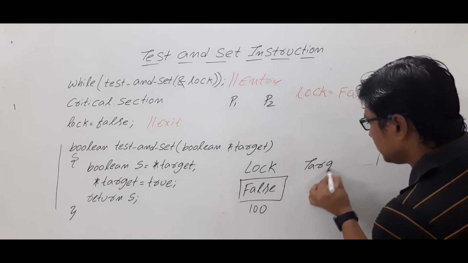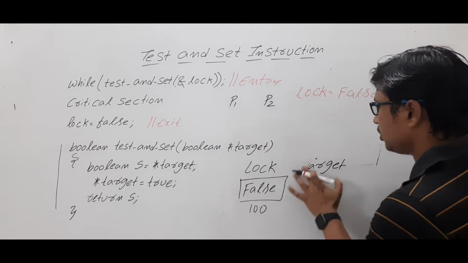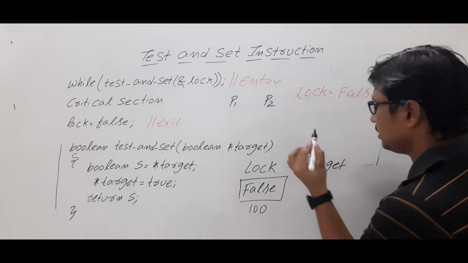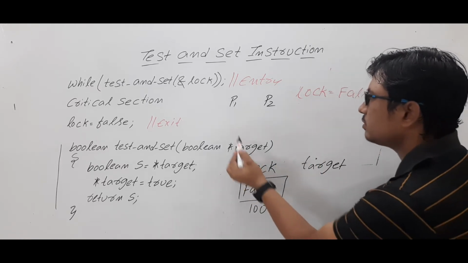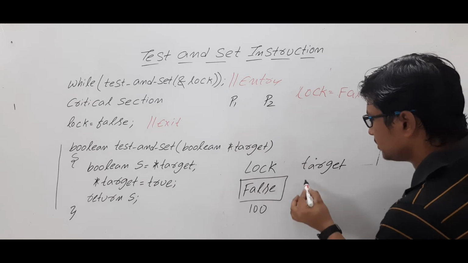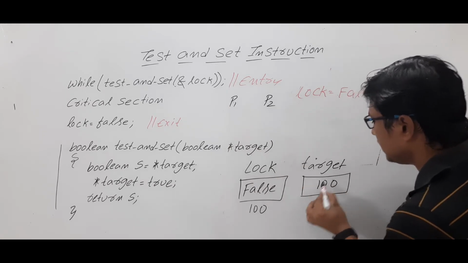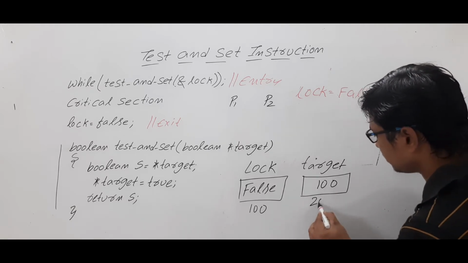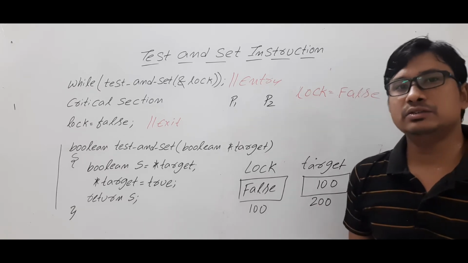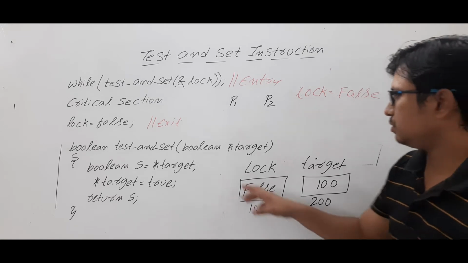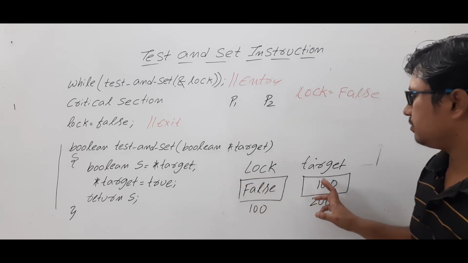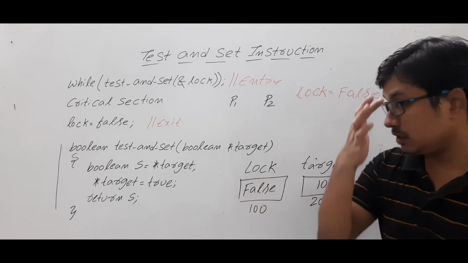This is a small t, otherwise again you will be confused. It will store the address of this lock variable. What is the address of the lock variable? 100. Let's consider that this target variable is at address location 200. So you have the address of the lock variable in the target pointer.